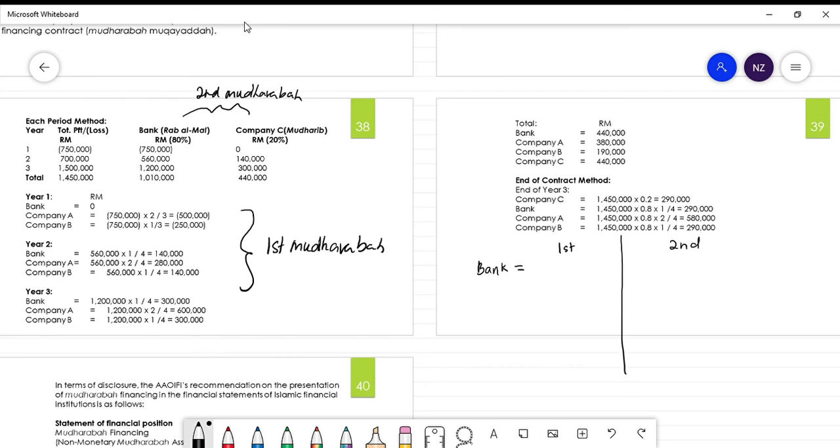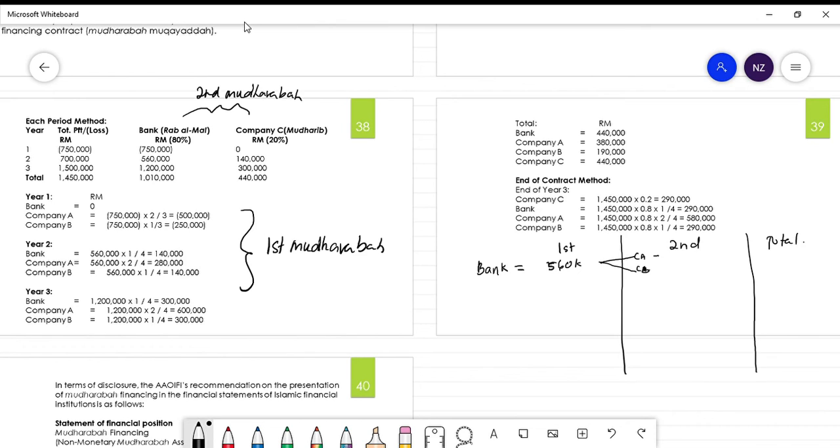Okay, bank tadi dapat 560k untuk first mudharabah. Kita nak tahu total kan. So 560 ni untuk first mudharabah, tapi disebabkan bank ni kena share the profit with CA and CB kan, jadi dia pun kena share the profit accordingly.